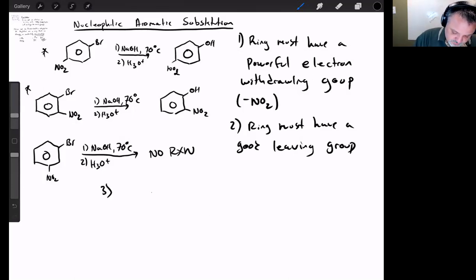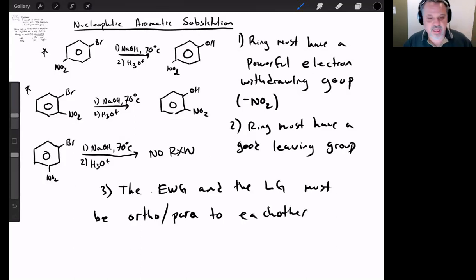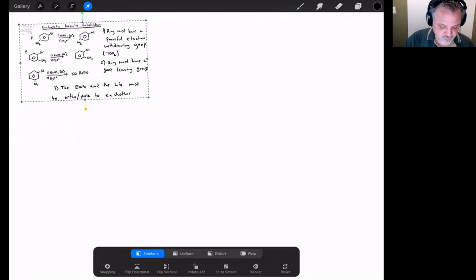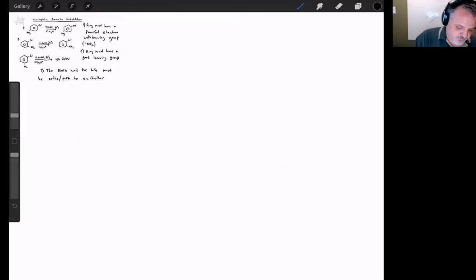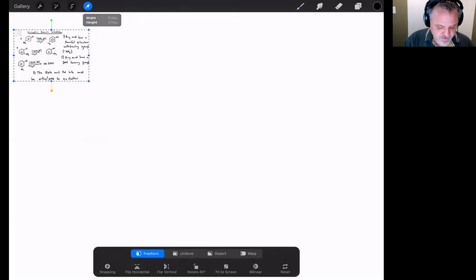And then as you saw, the electron withdrawing group and the leaving group must be ortho or para to each other. Otherwise, there's no reaction. Okay, so this is nucleophilic aromatic substitution, and we can show why that electron withdrawing group needs to be in an ortho or para position by taking a look at the mechanism.